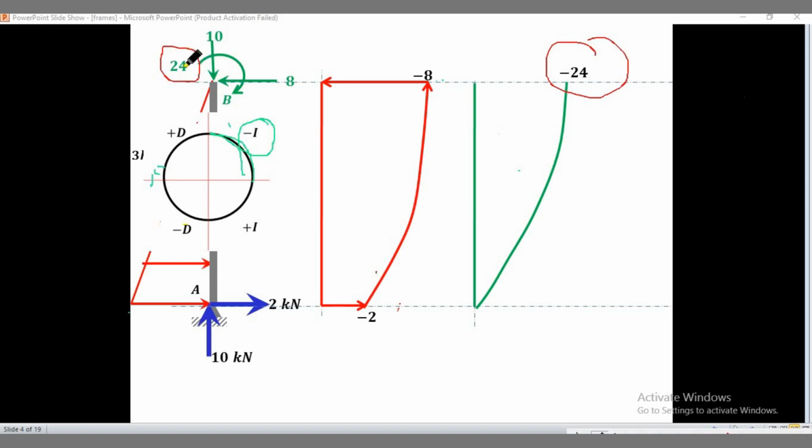At point B, merong 24 kilonewton meter. Ito yung nasolve ninyo kanina. This is the moment at B. And since the direction here is clockwise, so dapat magzi-zero ako. Negative 24, since this is clockwise, plus 24, 0. Para hindi na ako mahirapan.